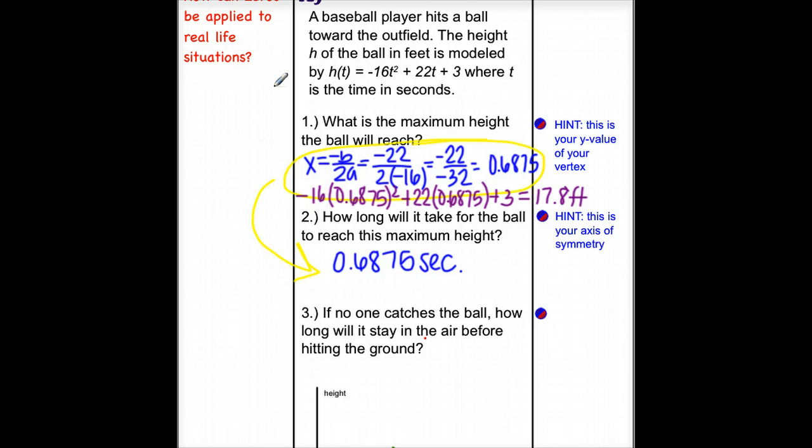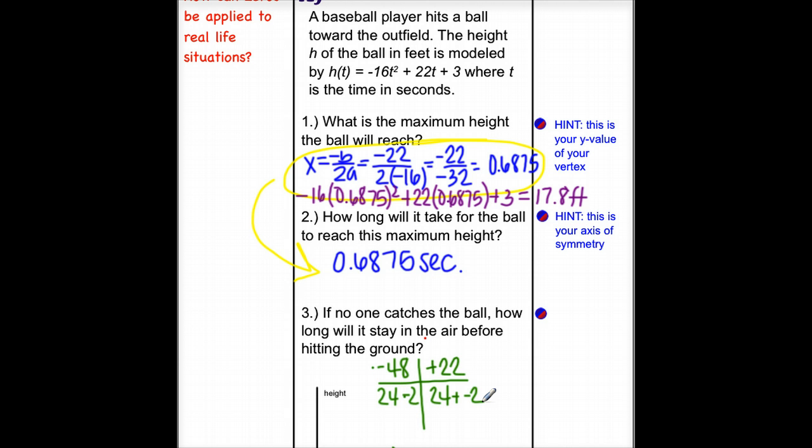So I take my 3 times negative 16, so I need a number that multiplies to negative 48, because negative 16 times 3 is negative 48, and adds to 22. If we do this, I think of 24 times -2, and 24 plus -2 does in fact give me 22.